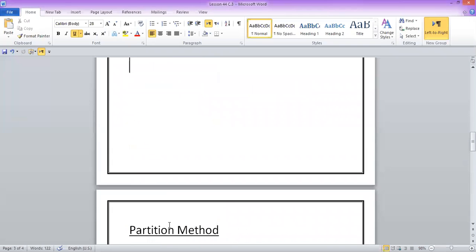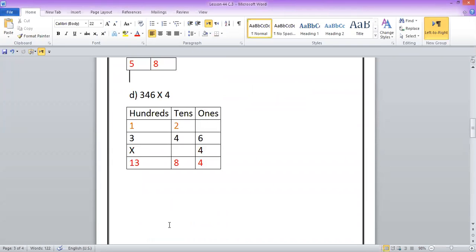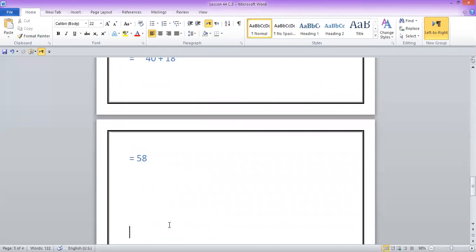Now we will do D, 346 multiplied by 4. Let's start to solve D, and you have to help me guys. Whether you do simple multiplication or you do it by the partition method, the answer should be the same.